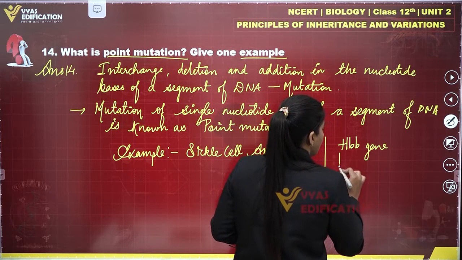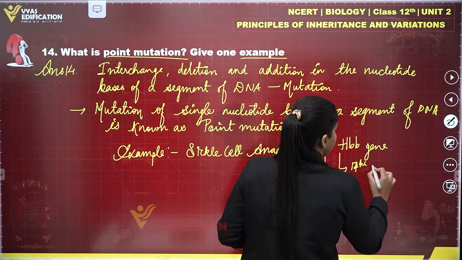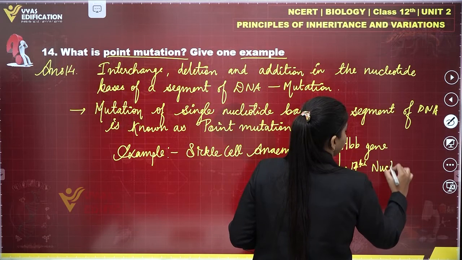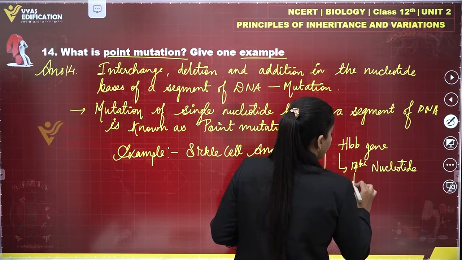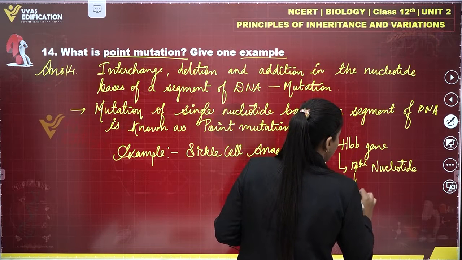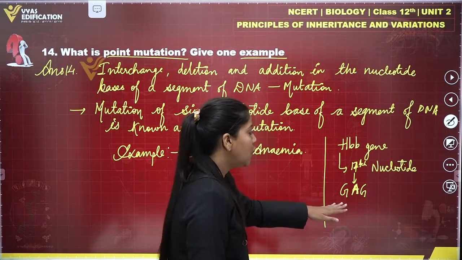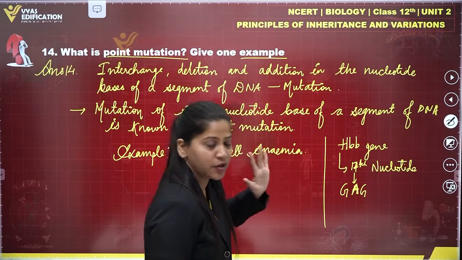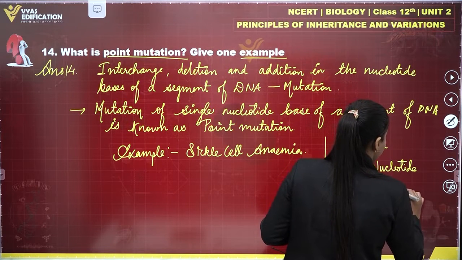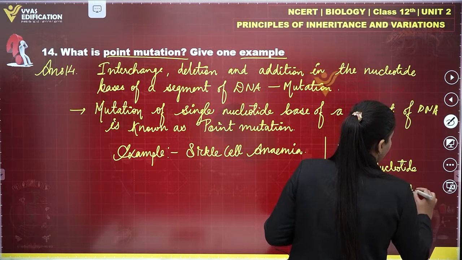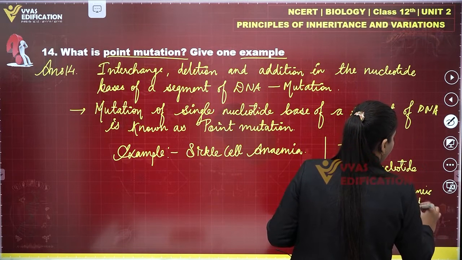On the 17th nucleotide, we have the codon GAG. In a normal condition, GAG codes for the amino acid glutamic acid, which is normal.